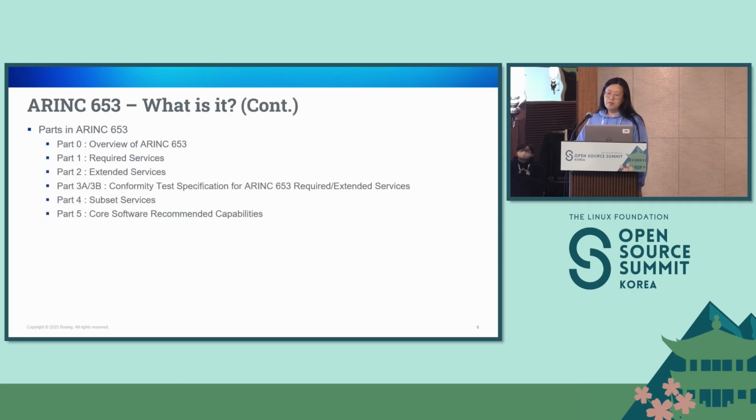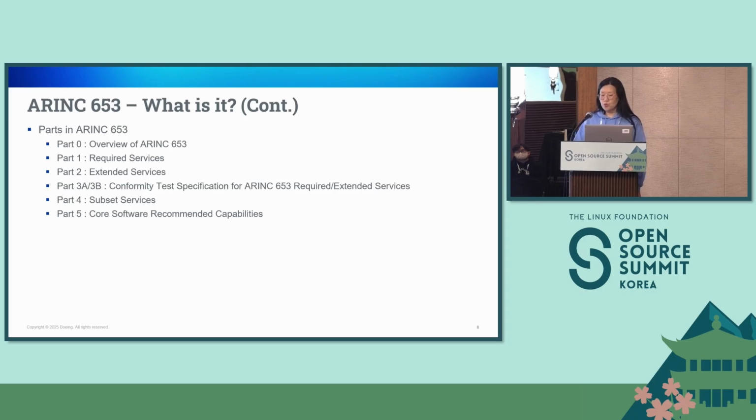ARINC 653 consists of Part 0 through Part 5. Part 0 is the overview. Part 1 and Part 2 are required services and extended services. Part 1 describes general partition, process, time, and memory management, APIs, the communication method between processes and between partitions, and health monitoring API as well.